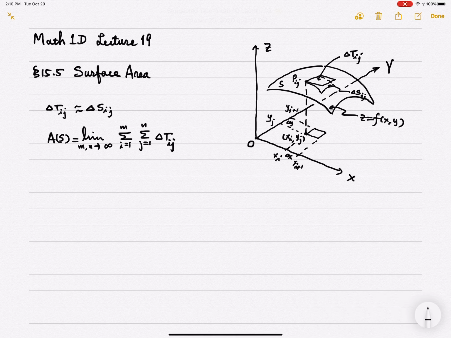That's the limit of the summation of approximations.